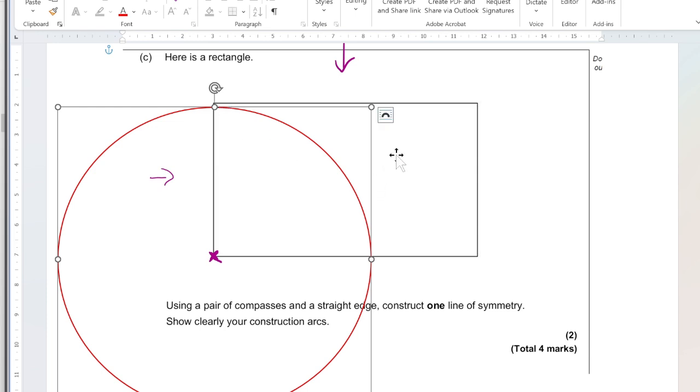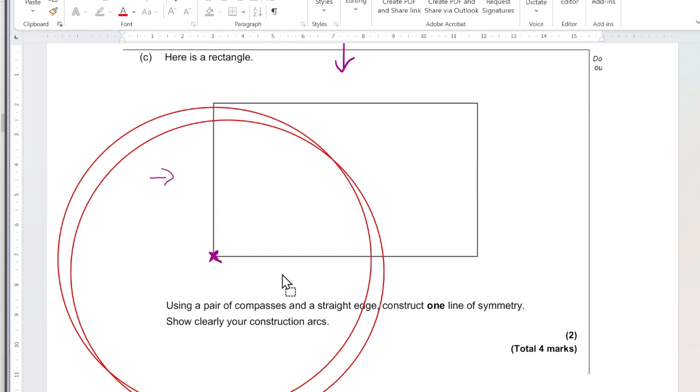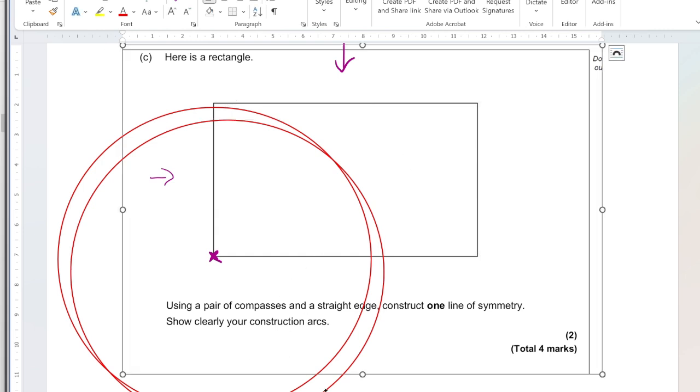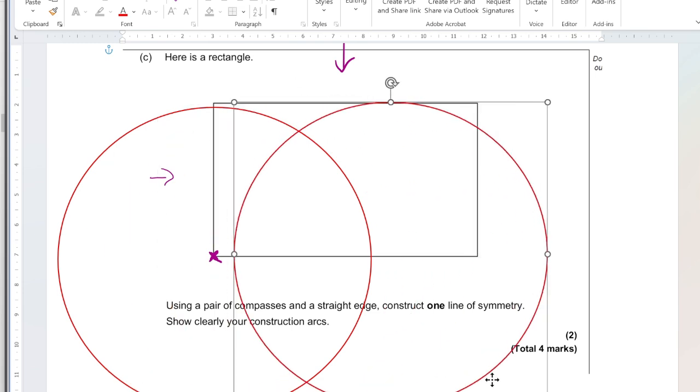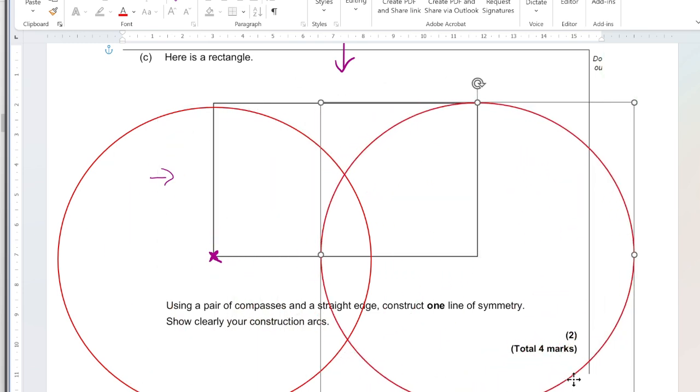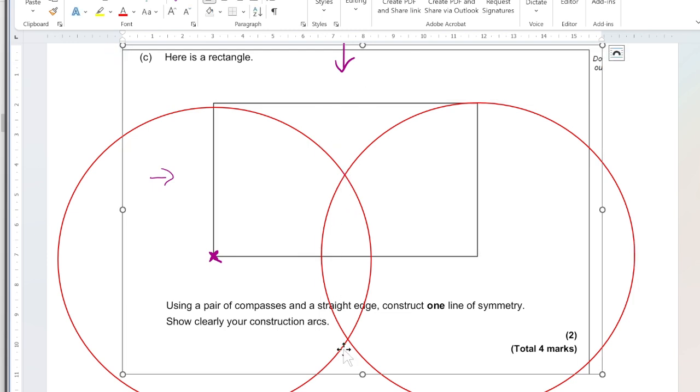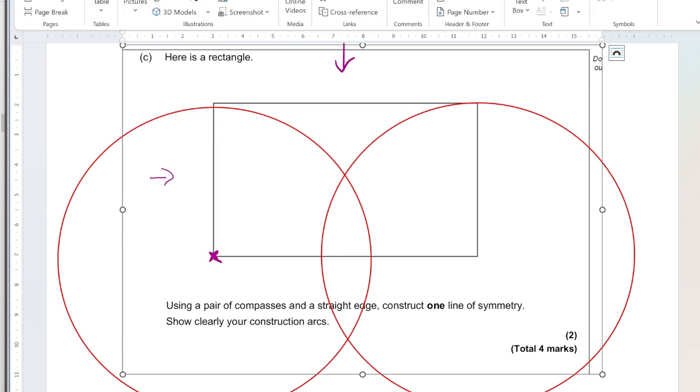And then, keeping my compass arms exactly the same, I'm going to do the same from the opposite corner. And hopefully if I can pick that up. If I do the same from the opposite corner, where the two sets of compass lines cross is exactly halfway between the two distances. So then I would use a ruler to insert a straight line between those 2 points.